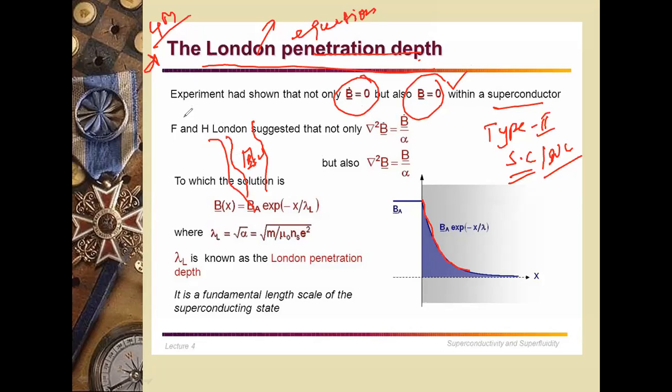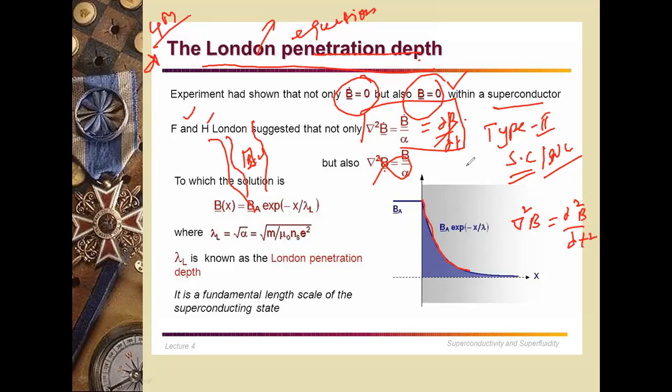So according to London, he suggested the equation: del square B is equal to 1 by alpha times dou square B by dou T square, with B double dot.